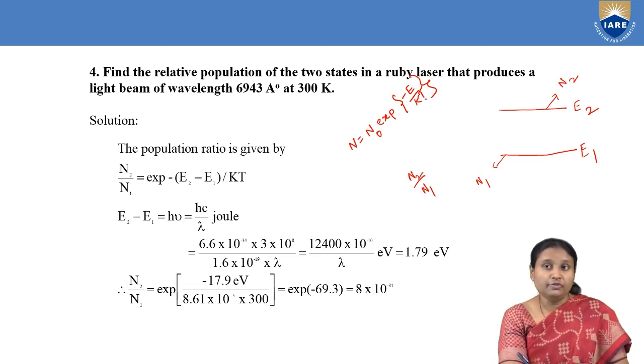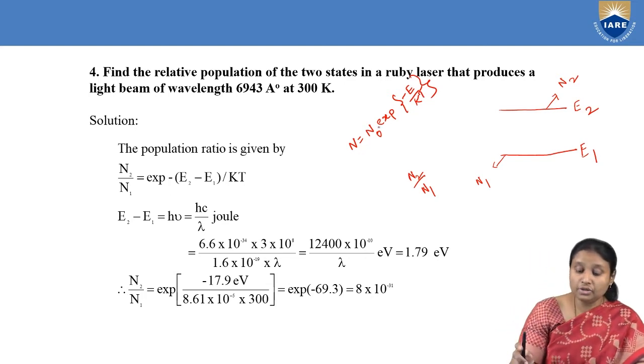If I want to write the expression for the population of E1 and E2, I take E1 in place of E and replace N with N1. For energy state E2, in place of E we put E2, and in place of N it should be N2.